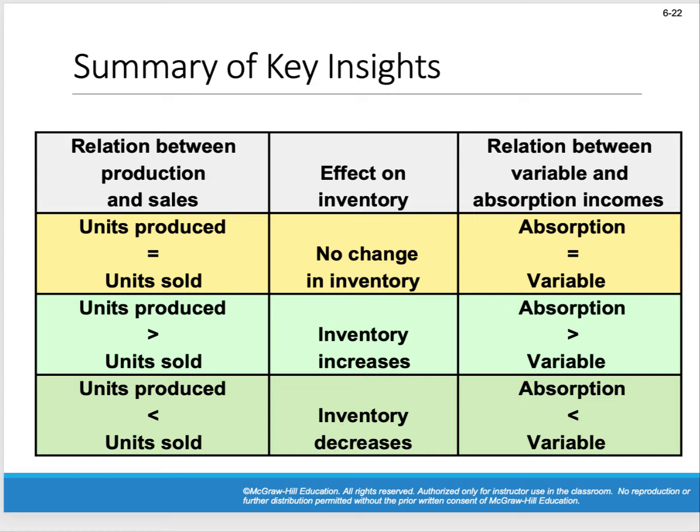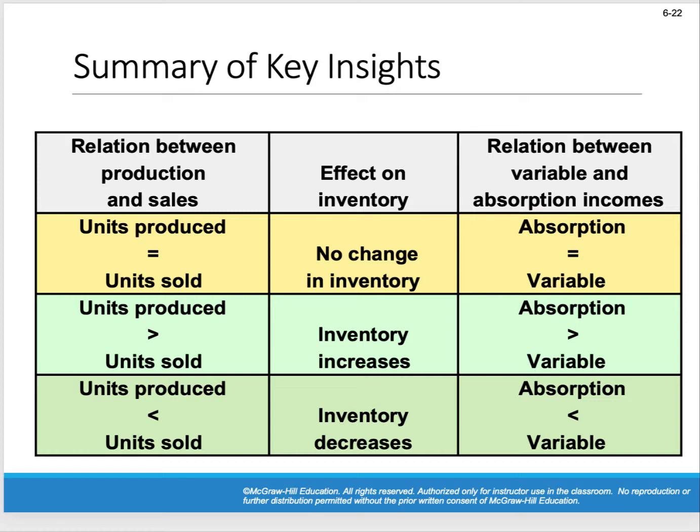Just jot it down. If you look at Exhibit 6-5 on page 265, I'll say that again, even though it's a video and you can rewind: Exhibit 6-5 on page 265. Okay. There's a relationship between the production, meaning the number of units we produce, versus the number of units we sell.